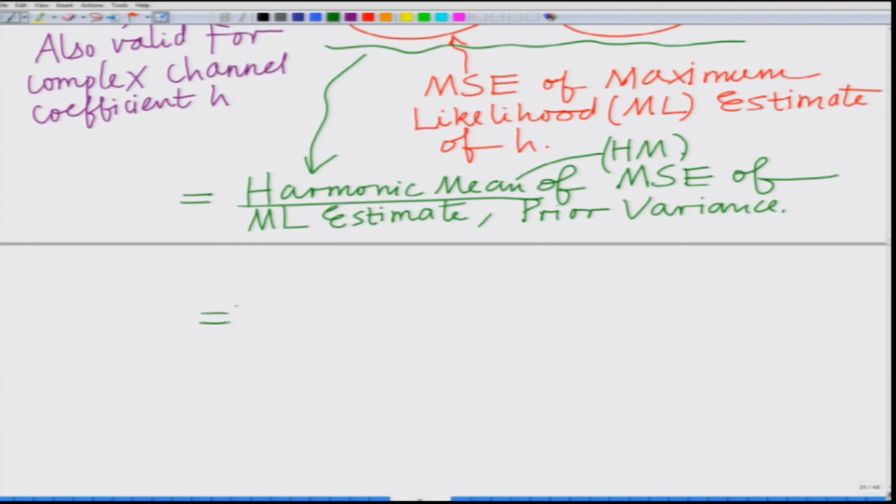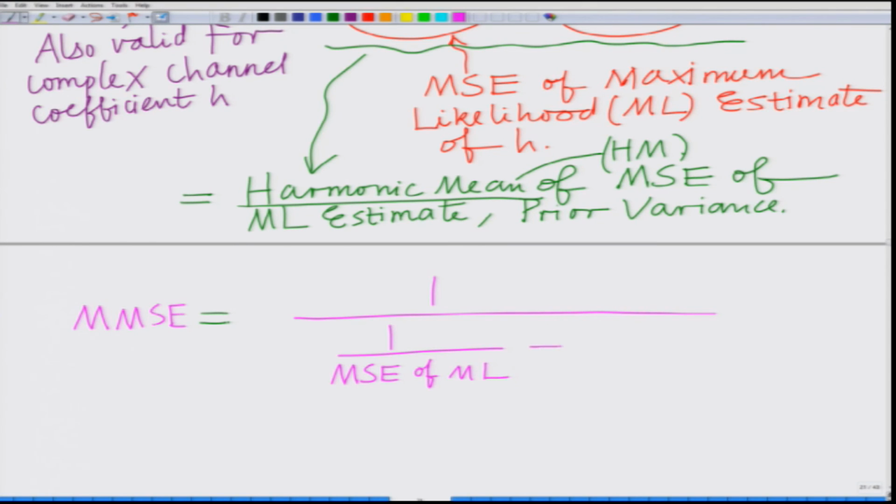the MMSE equals 1 over MSE of ML plus 1 over the prior variance.